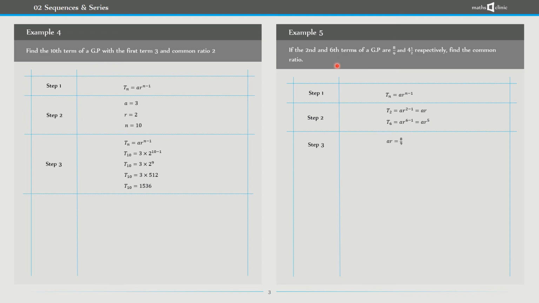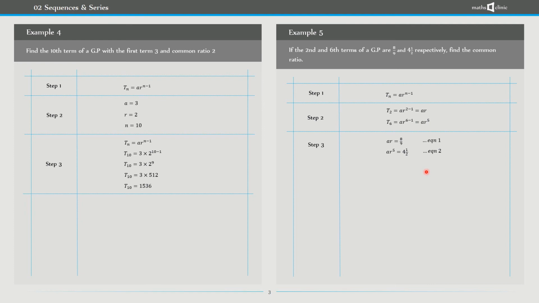Next, we've been told that the second term, which is ar, is 8 over 9, and the sixth term, which is ar to the power of 5, is 4.5. We have these as equation 1 and equation 2, and now we need to solve simultaneously.